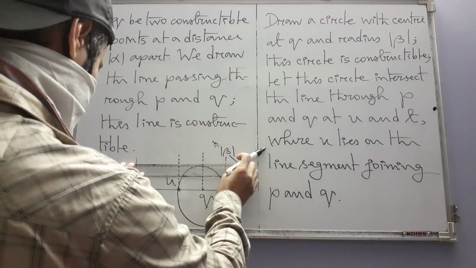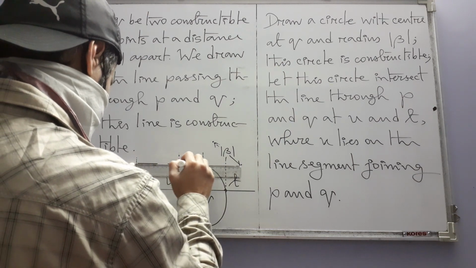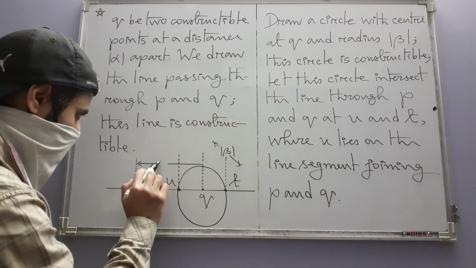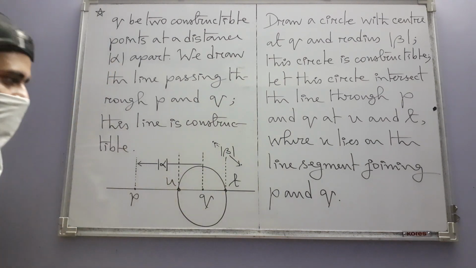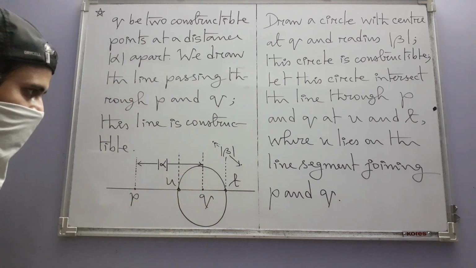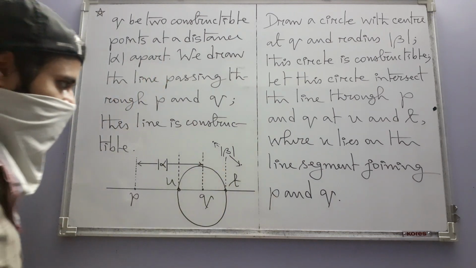This distance is alpha. Alpha means the absolute value of alpha, of course.